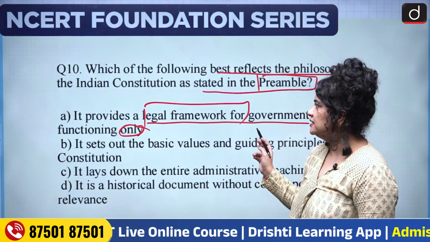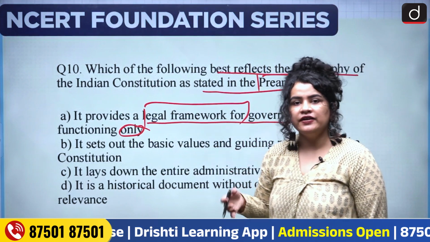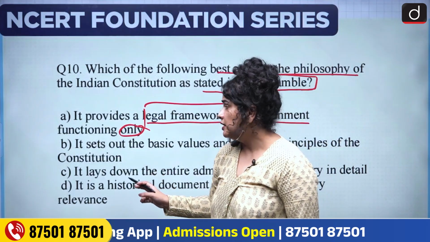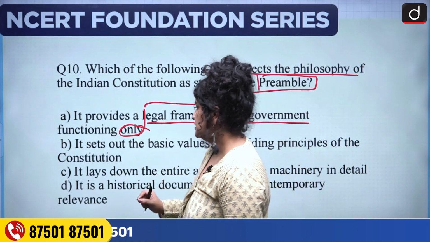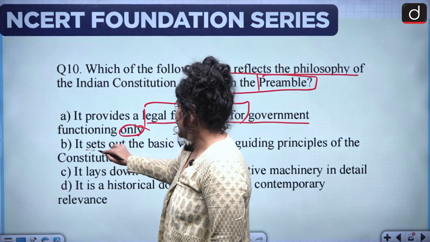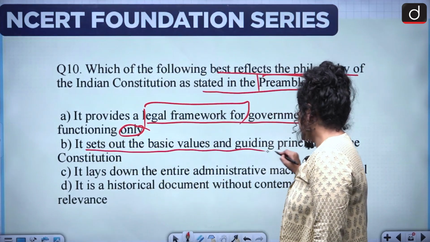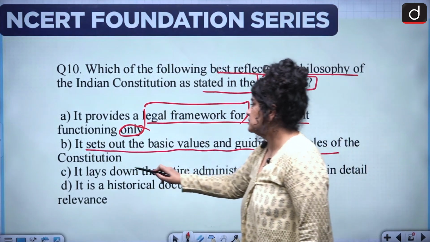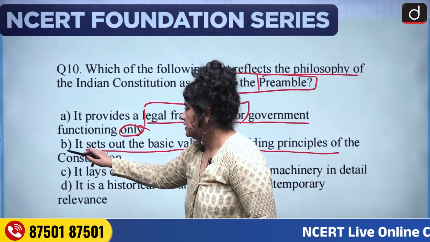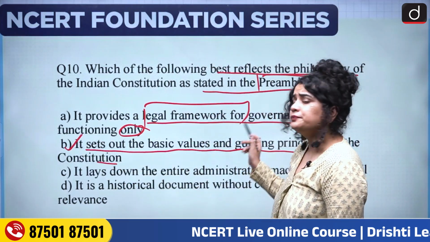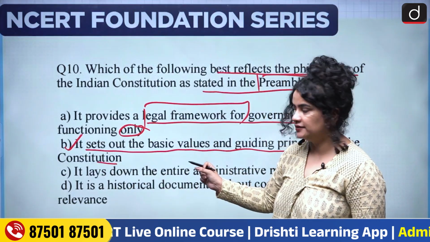No. We discussed that the preamble actually reflects the aspirations not only of the founding fathers of the Constitution, but also of the people, the citizens of the country. B, it sets out the basic values and guiding principles of the Constitution. Yes, of course, it does. This actually is what the preamble in essence does.